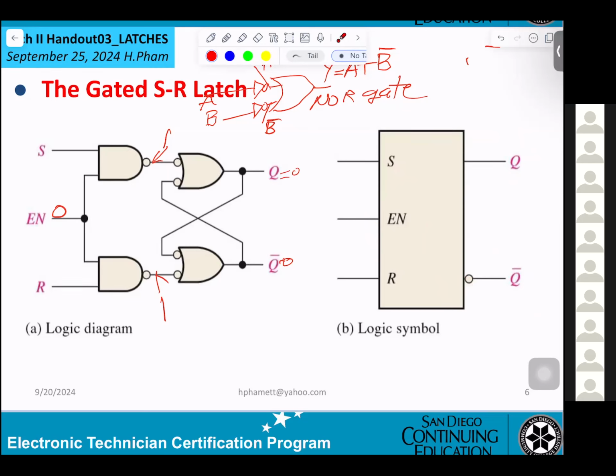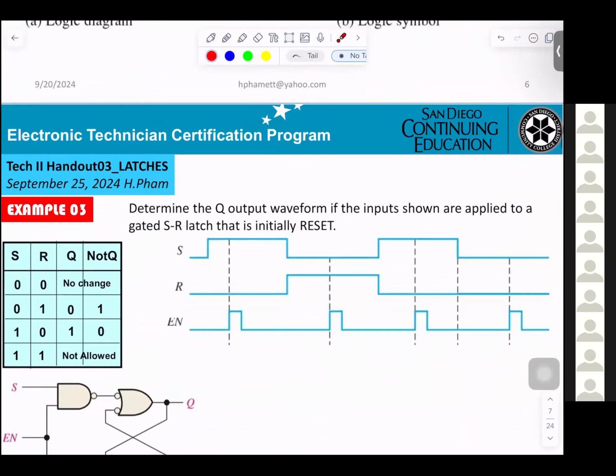If you see the bubble here, it means not Q. Normally you can say output Q and not Q. They draw the bubble here, telling you not Q.